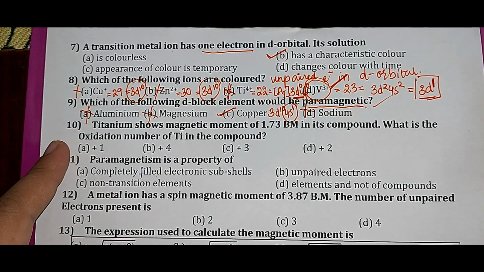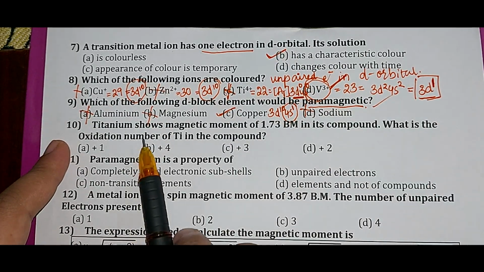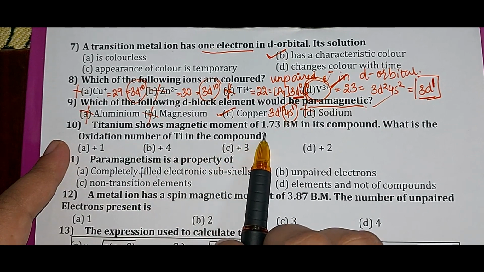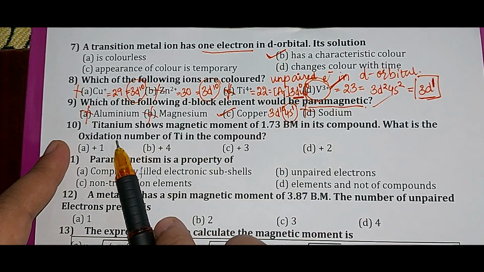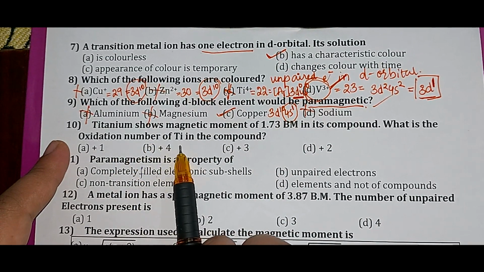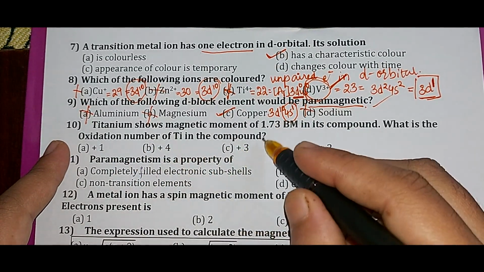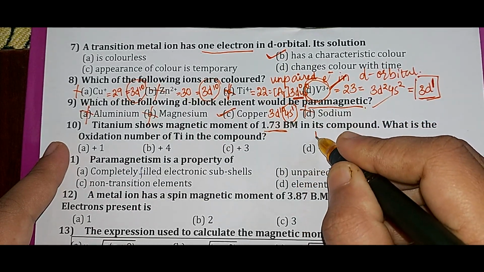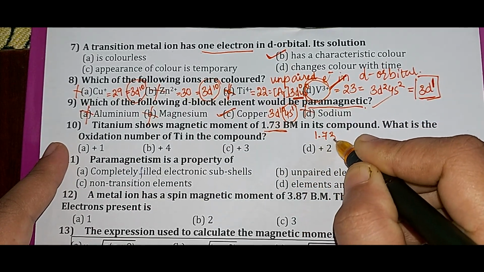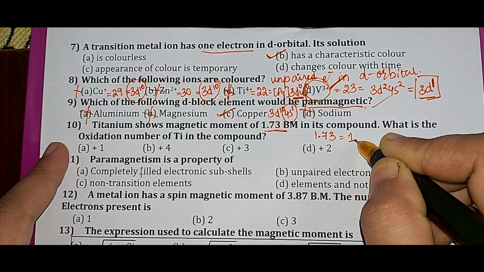Next, question number 10. Titanium shows a magnetic moment of 1.73 Bohr magneton in its compound. What is the oxidation number of titanium in the compound? To know this, you should know one thing: if the magnetic moment is 1.73, it has only one unpaired electron.